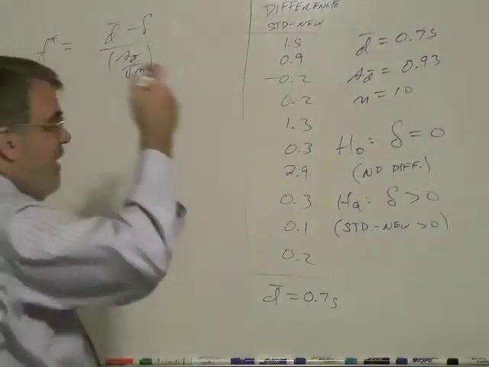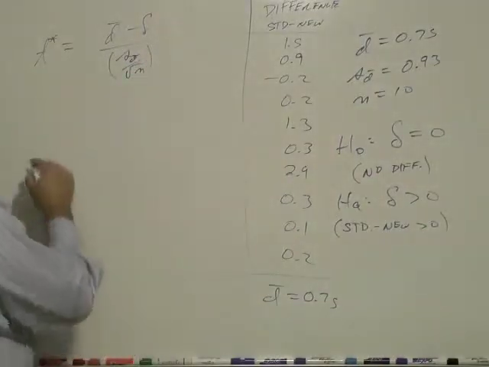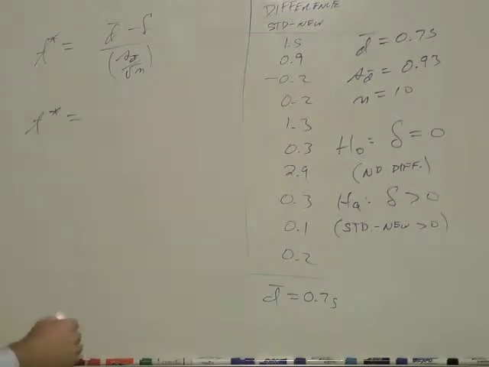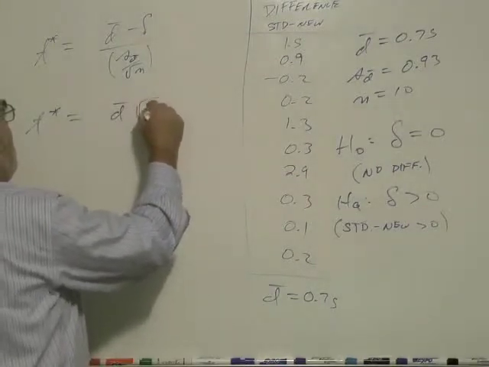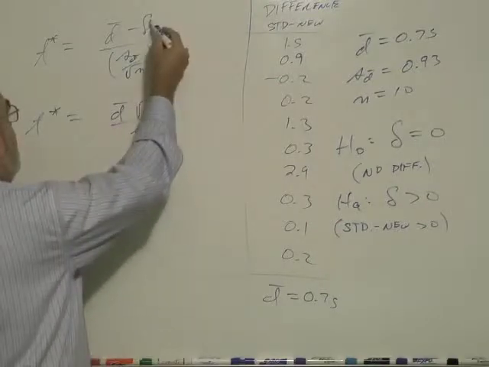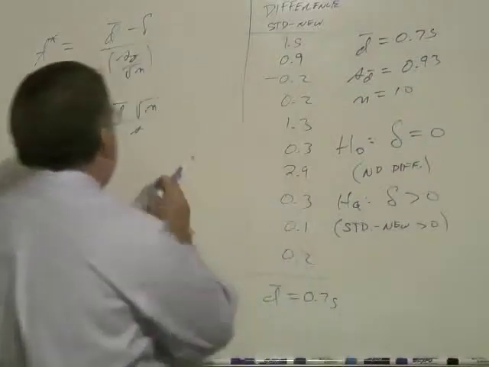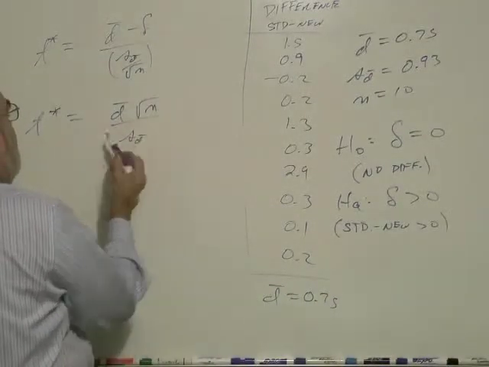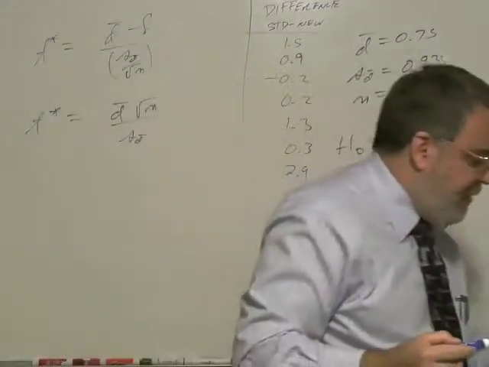But if we're testing to see if this is 0 or not, then this number is 0. So why don't we simplify this calculation? I put a 0 there and inverted and multiplied this fraction. So I have d bar times square root of n over the standard deviation s d bar.